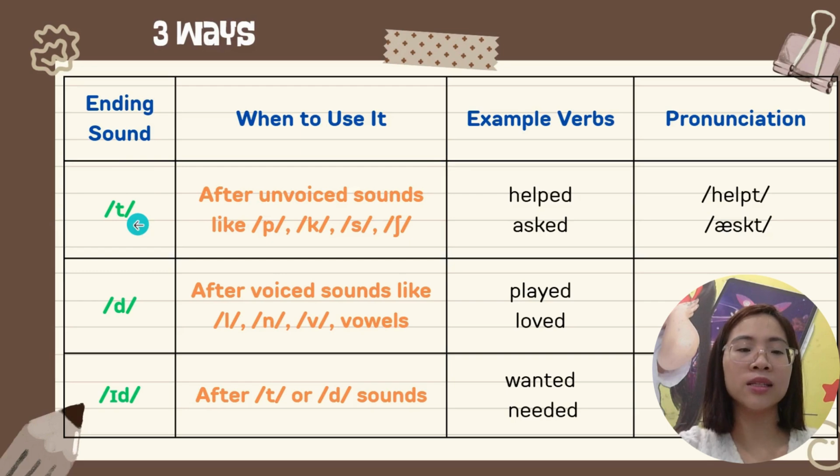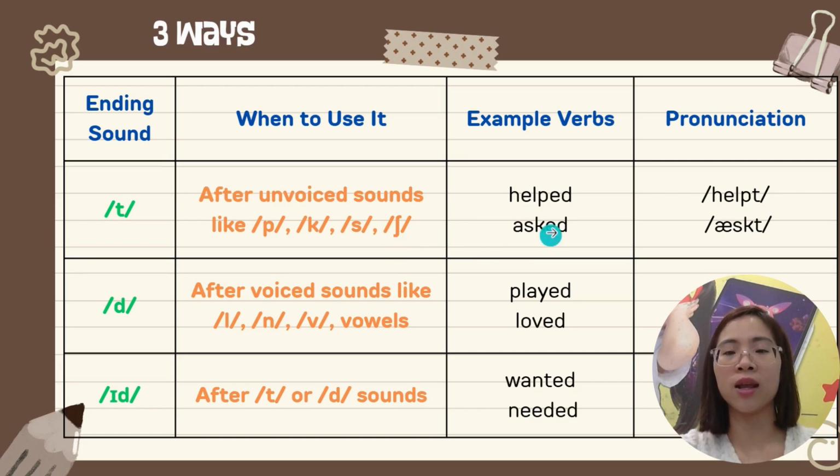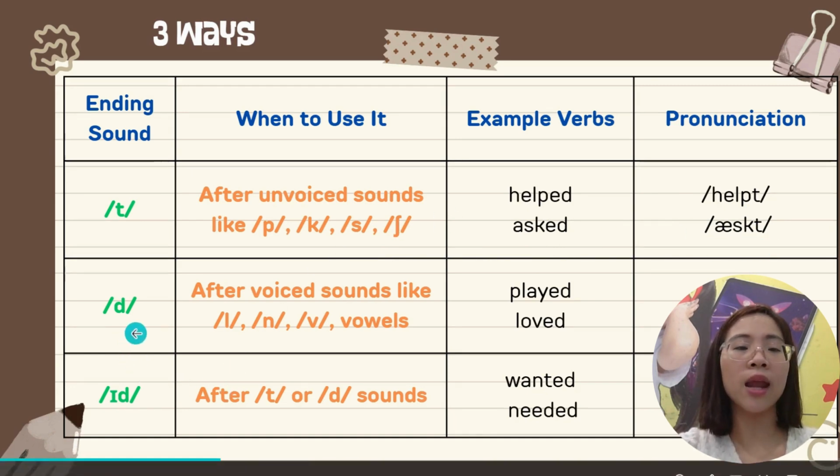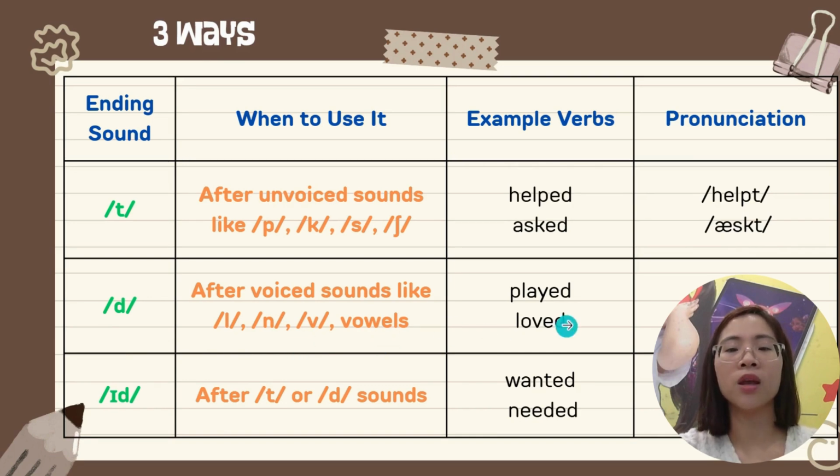Ending sound t: we use it after unvoiced sounds like p, k, s, or sh, like help, helped, ask, asked. Okay? And ending sound d after voiced sounds like l, n, v, or vowels.